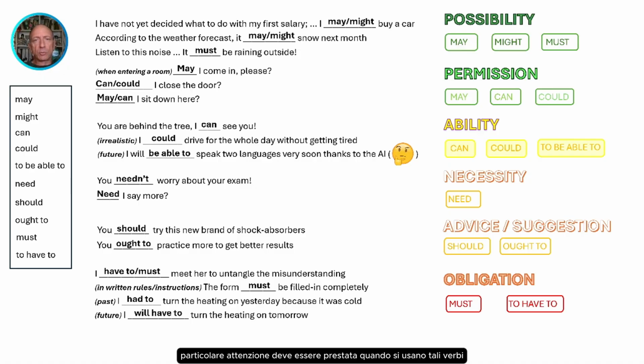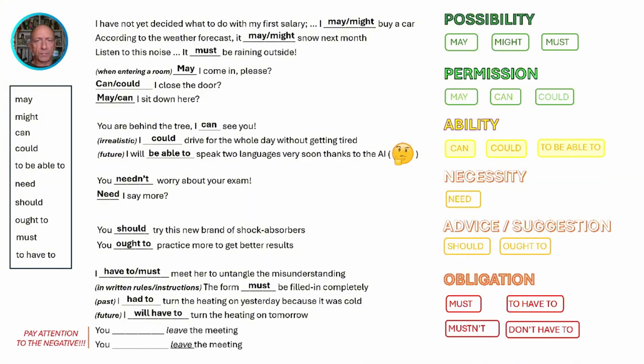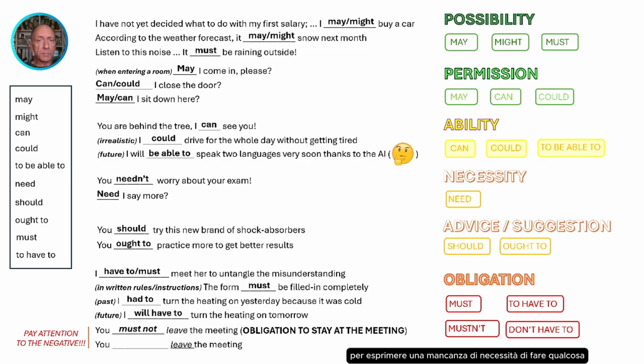Special attention has to be paid when using such verbs in negative sentences, as they may have a substantially different meaning. Must in the negative indicates an obligation not to do something. To have to is used in the negative to express a lack of necessity to do something.